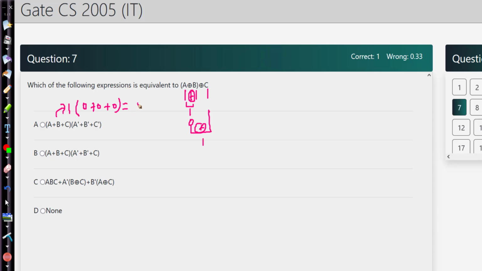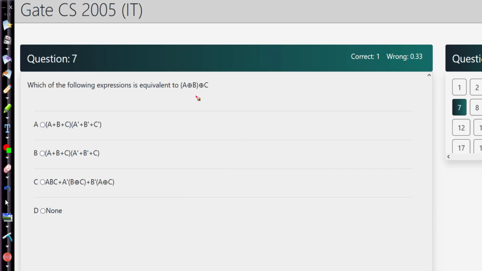So this will give me 0. So A is surely not going to be the answer. Similarly, we can proceed with the Bth option and Cth option, but those are not going to give us the proper solution. So let's do it the hard way.